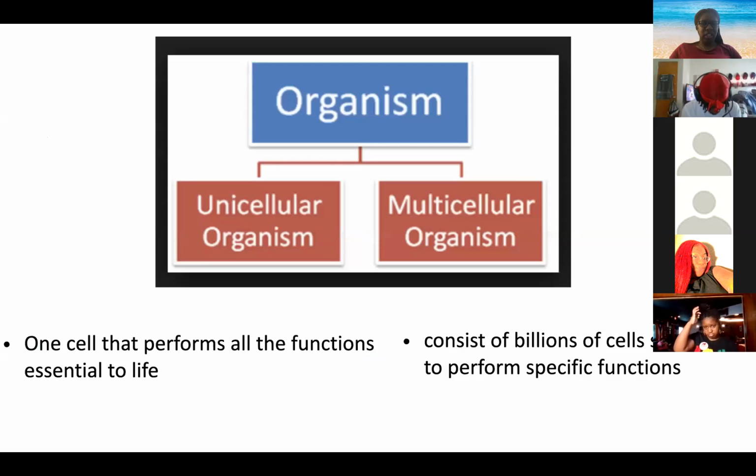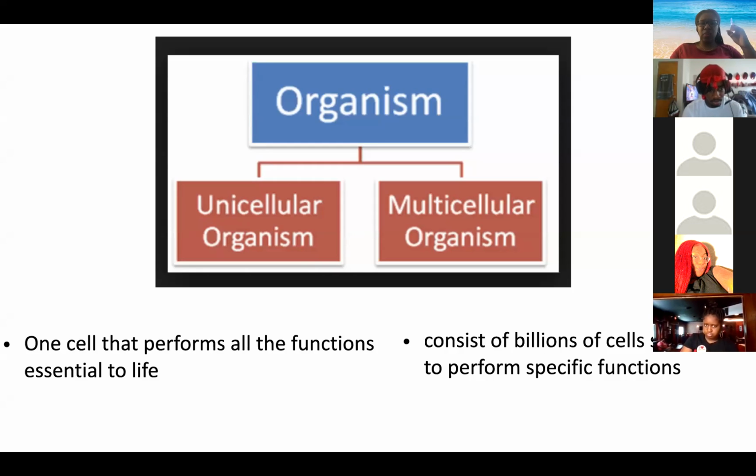And then when we talk about an organism, just in general, organisms have different degrees of complexity. We can refer to or categorize an organism, and remember, organism is the scientific term for anything that's living. An organism can be considered unicellular or multicellular. A unicellular organism is one that is less complex.